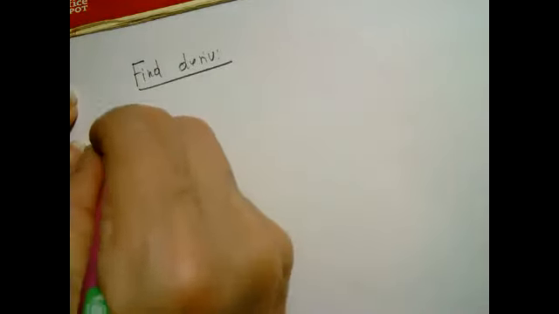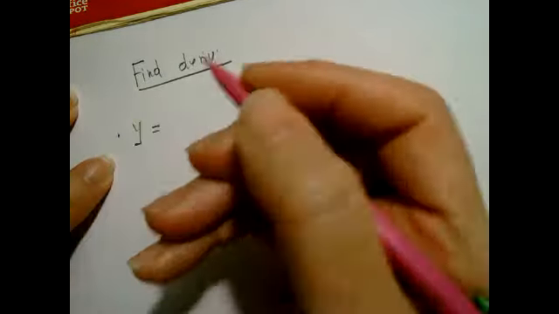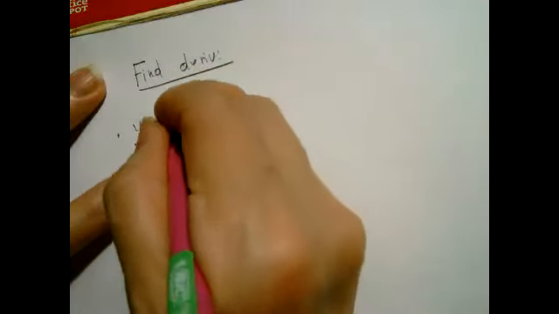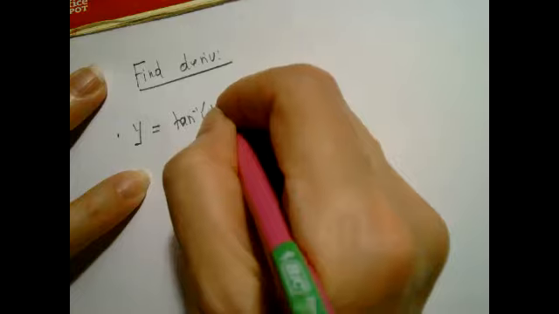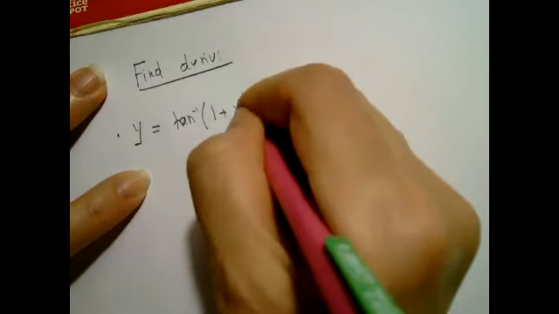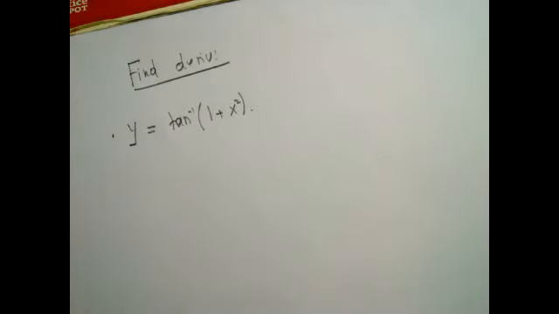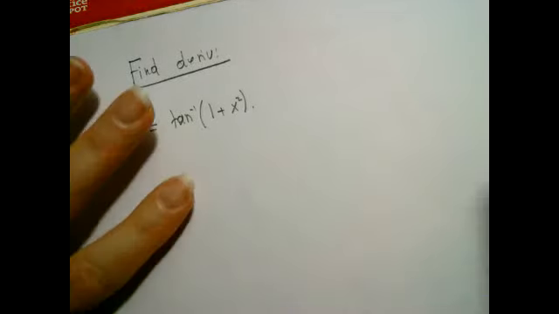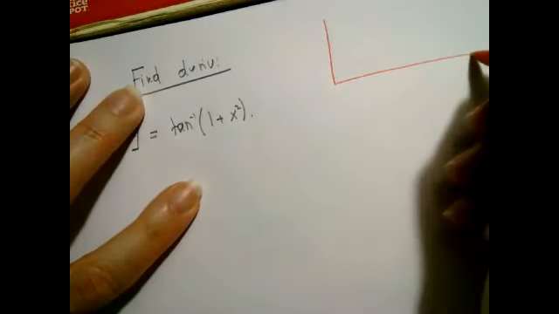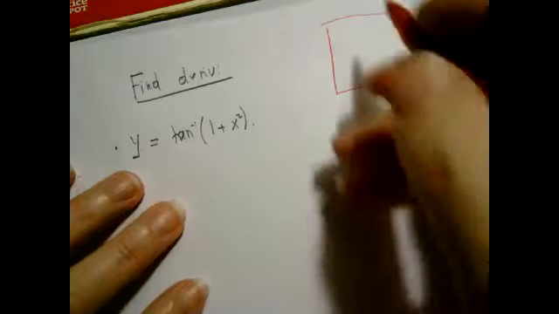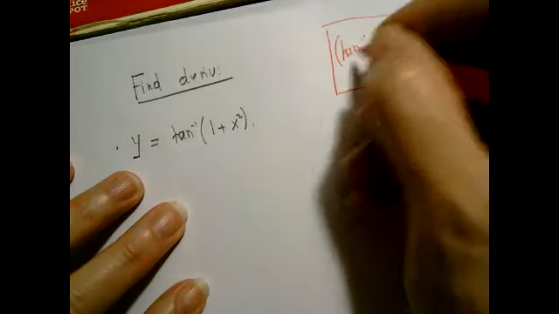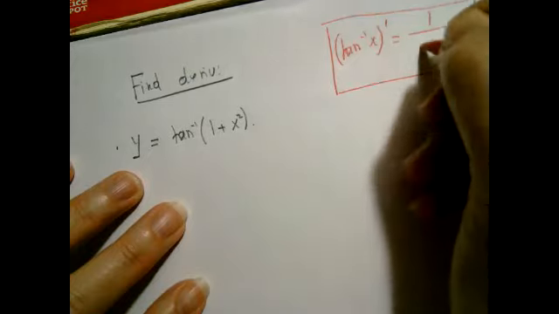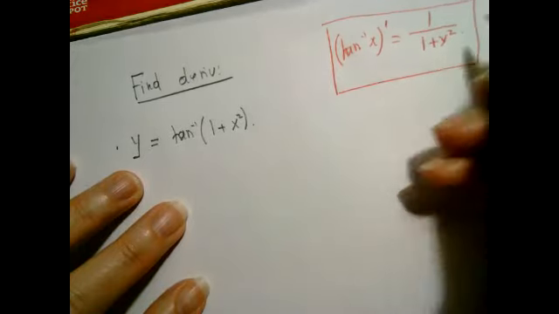Okay. So the first one is y equals tangent inverse of 1 plus x squared. And here I remind you the derivative of tangent inverse is 1 over 1 plus x squared.